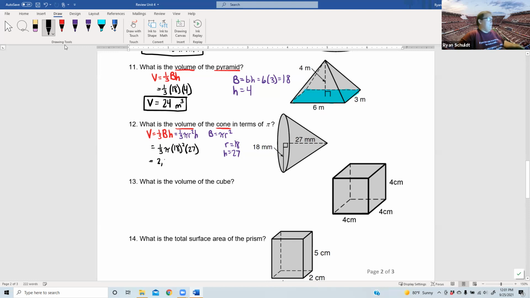I mean, 2,916 pi millimeters cubed. Like, well, why'd you put the pi there? It says in terms of pi. That's why. So we did not put pi in the calculator.